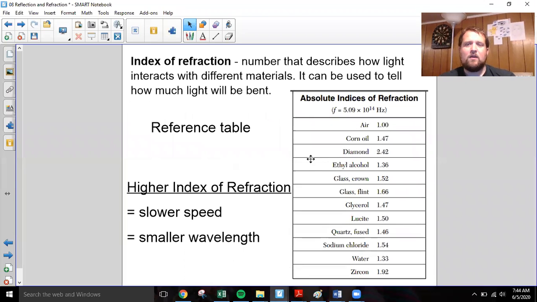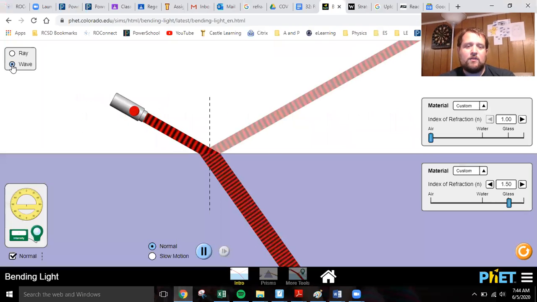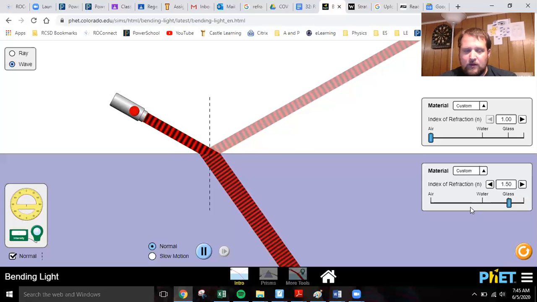So yeah, one last time, the higher index of refraction means it's a slower speed and a smaller wavelength. We can actually see that when we switch over to this. They're drawing it as a longitudinal wave. This looks more like a sound wave. They're not drawing the transverse waves that we know they are. But once again, it has to do with how easy it is to put it on the screen. And if you look close at this section here, and you watch one wave as it hits the surface, it's going fast, and as soon as it hits the thicker surface, it slows down.